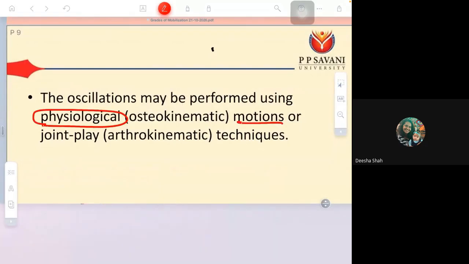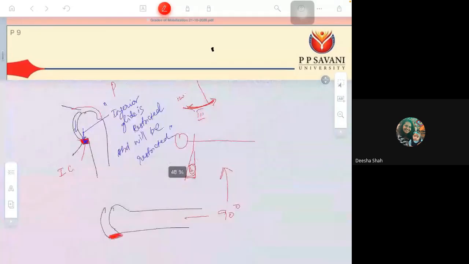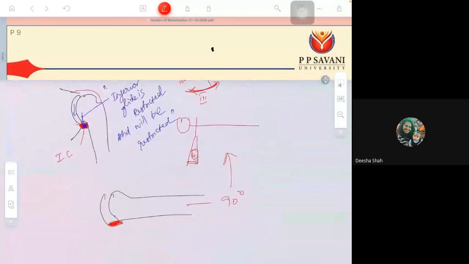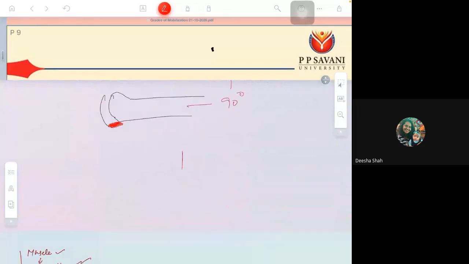So here, how will you increase the physiological motion? Suppose this is 0 degrees and this is 90 degrees. Clear? This is the available range.